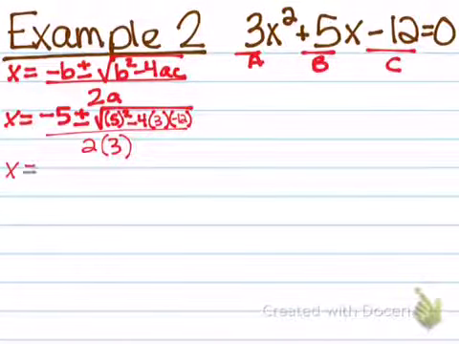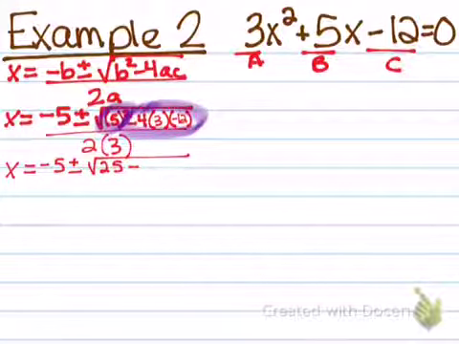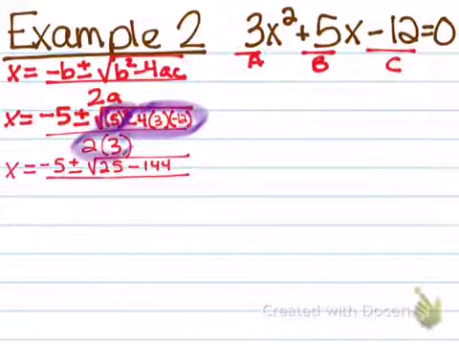So we're going to have x equals negative 5 plus or minus. Now we're going to look here. 5 squared is 25 minus, and then we're going to do negative 4 times 3 times negative 12, and that's going to give us 144, over 2 times 3, which is 6.